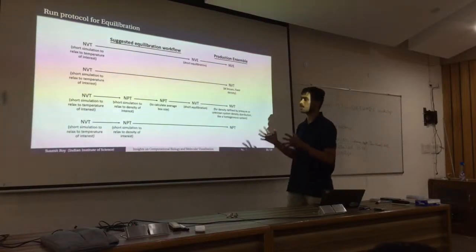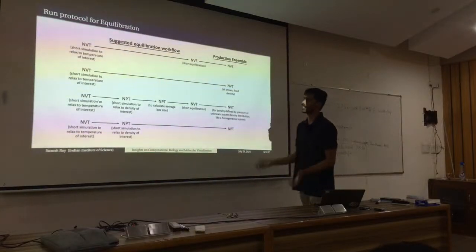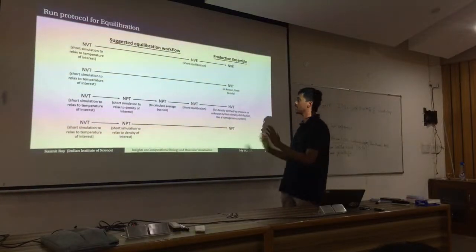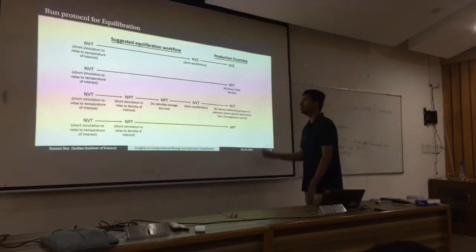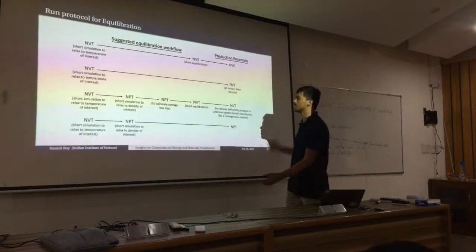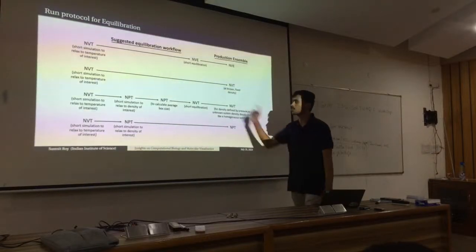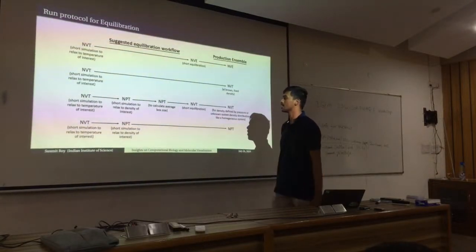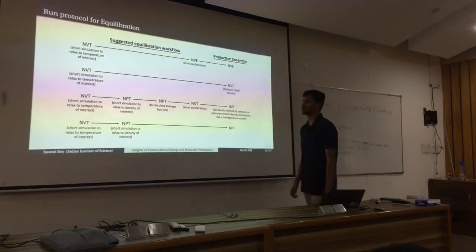This is helpful because NVT can couple to a heat reservoir, take energy and lose energy, and reach equilibrium quickly. If you know the density, you can directly do it. If you don't know, you couple it to an NPT ensemble, find the density, and then go to the NVT ensemble again.